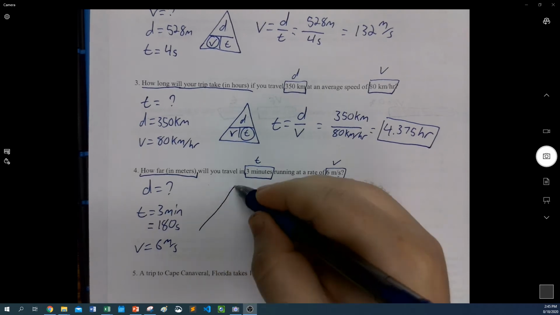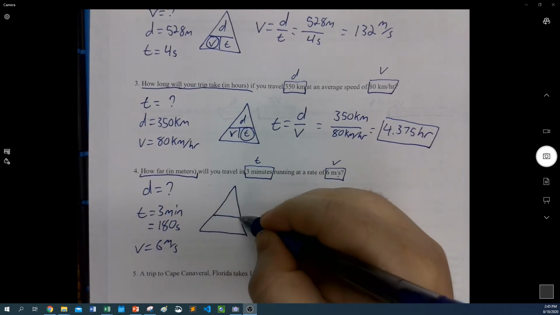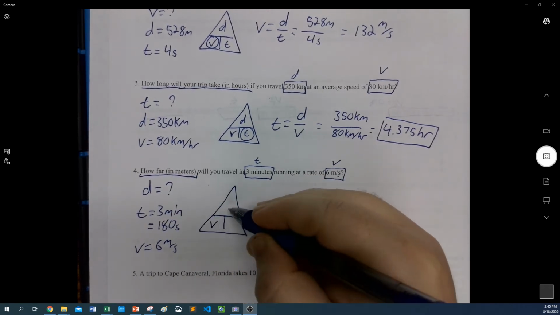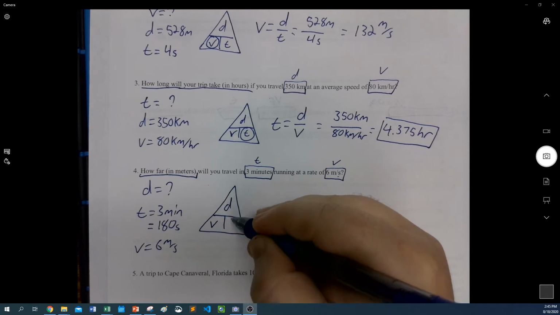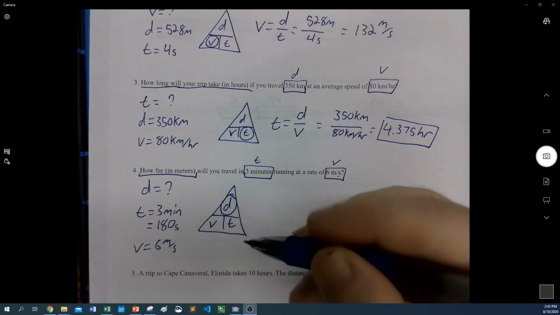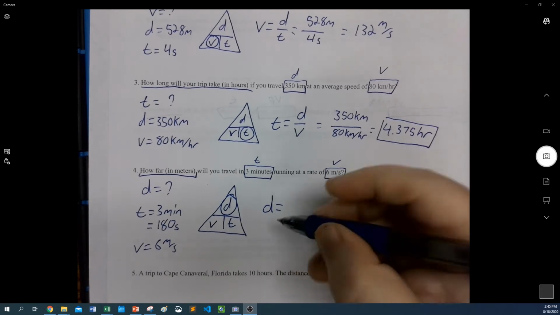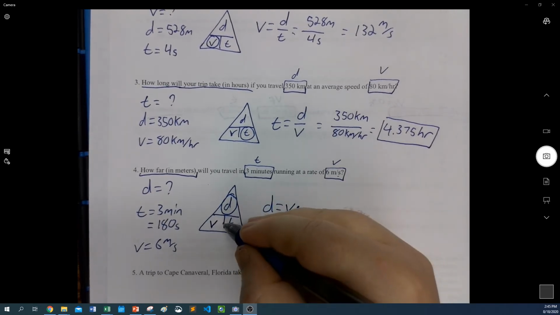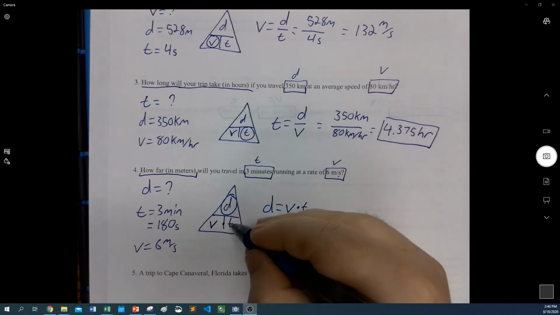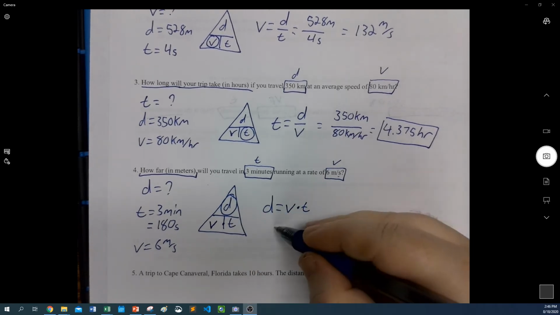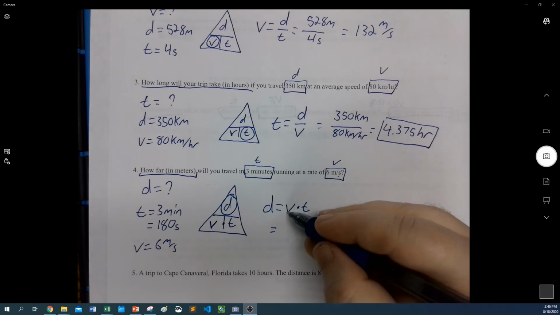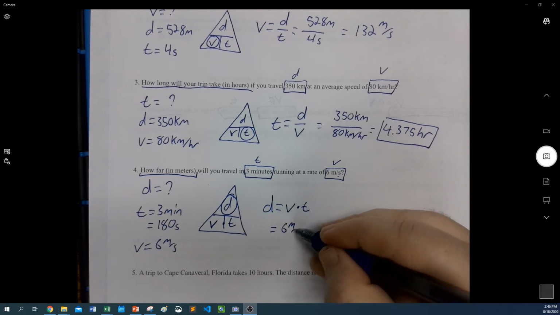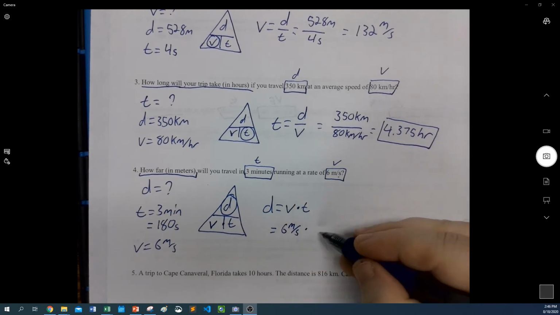So, doing our triangle, speed is equal to distance over time, and we're solving for distance. So distance is going to be equal to velocity or speed times time. So our speed was 6 meters per second times the time.